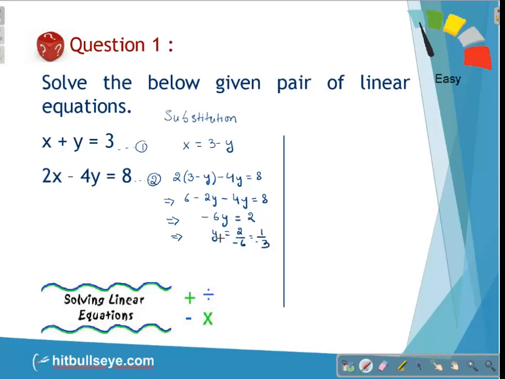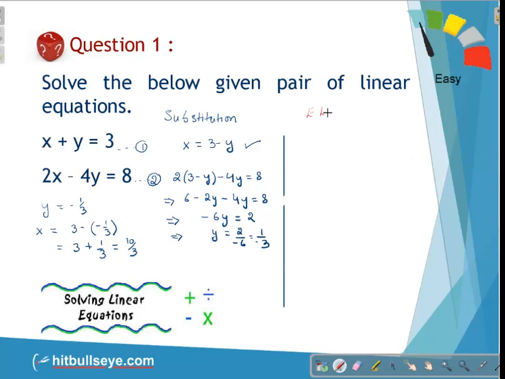Now we can put this value of y in the value of x in terms of y. x is equal to 3 minus 1 by 3, which gives me 3 plus 1 by 3, and the answer becomes 7 by 3.